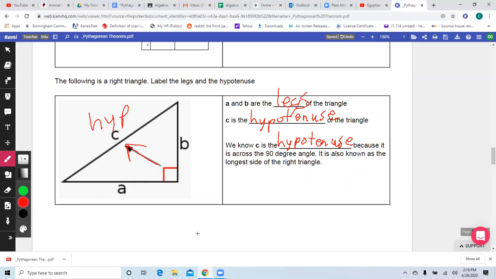Okay? So when you see a right triangle, find your 90-degree angle. The 90-degree angle will always be indicated by this square here. And the side that's across from it will always be your hypotenuse. The hypotenuse always has to be C.